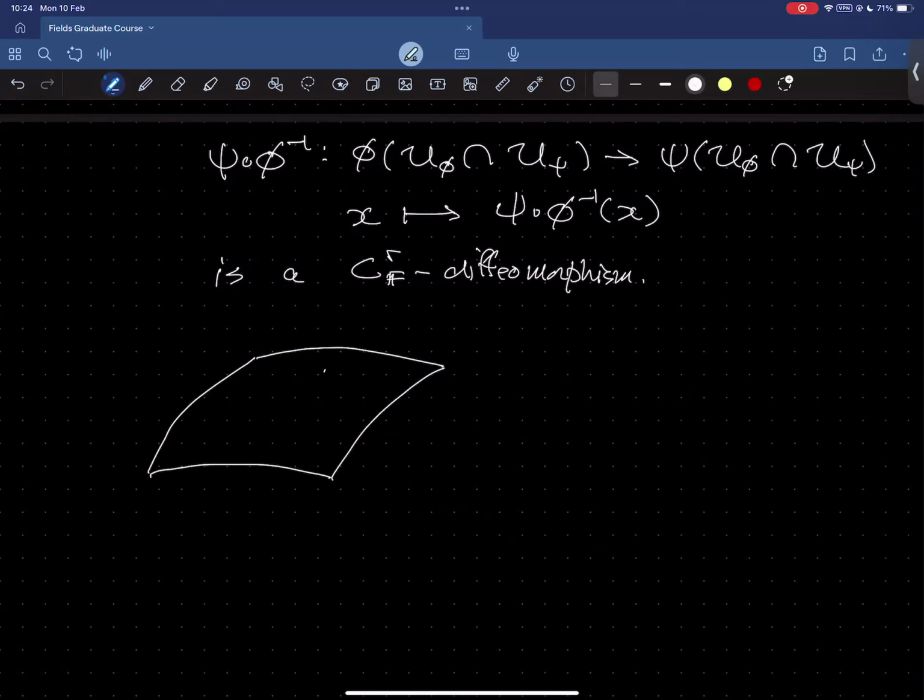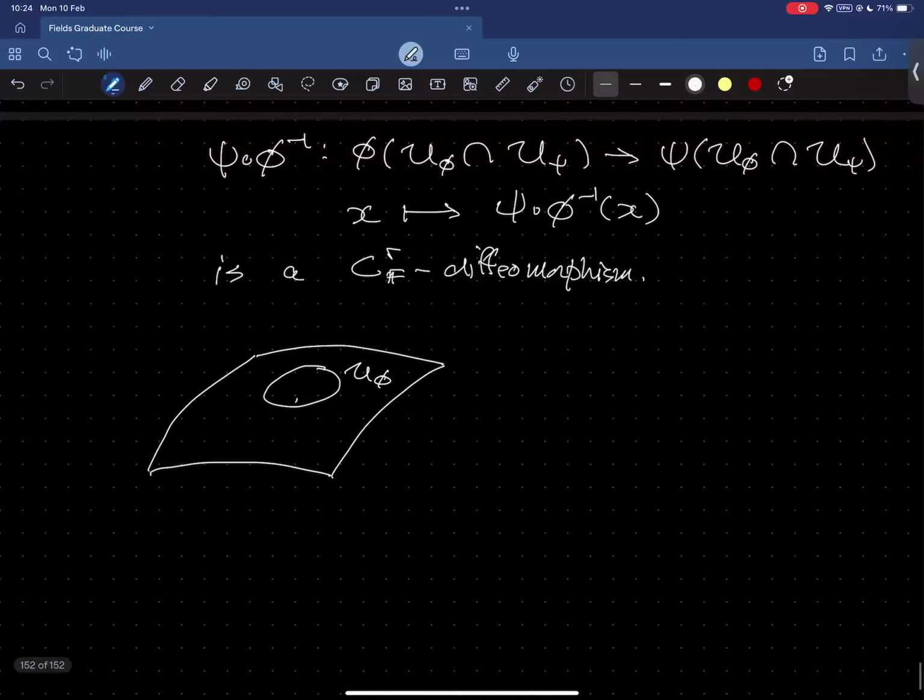So I have two charts, U_φ and U_ψ, that overlap. Let's patch these like this.